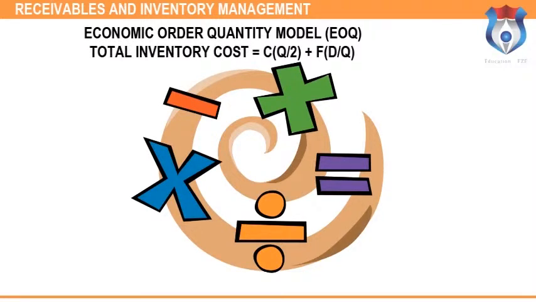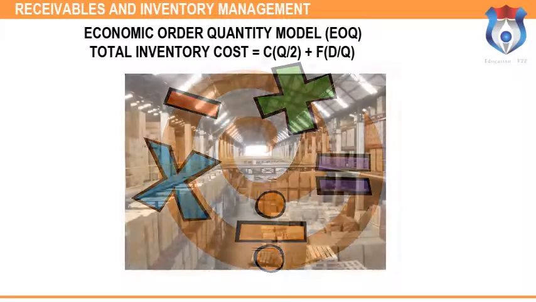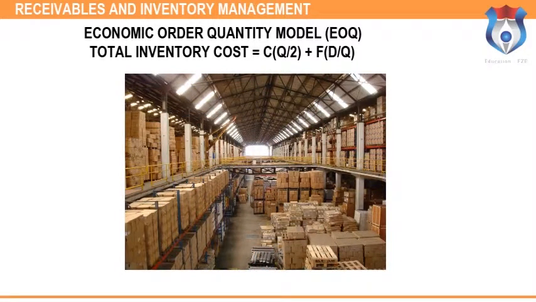Total inventory cost is equal to C(Q/2) plus F(D/Q). Using calculus to determine the minimum point where the slope equals 0 will provide us with the optimal order quantity to reduce total inventory cost over the year. This is known as the economic order quantity.